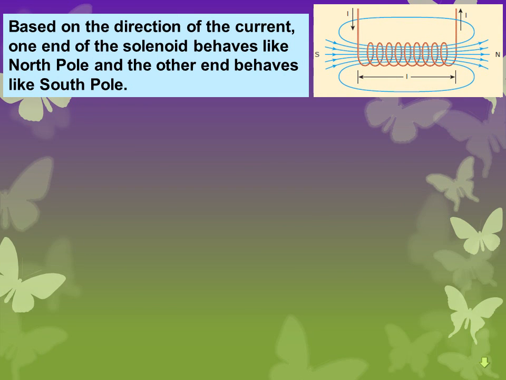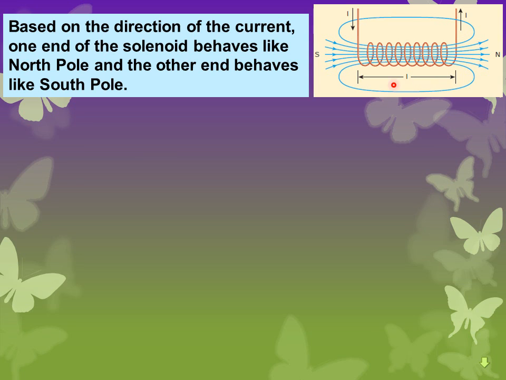Now let's get into the solenoid. Inside the solenoid, the magnetic field is nearly uniform and parallel to the axis, whereas outside the solenoid, the magnetic field is negligibly small.